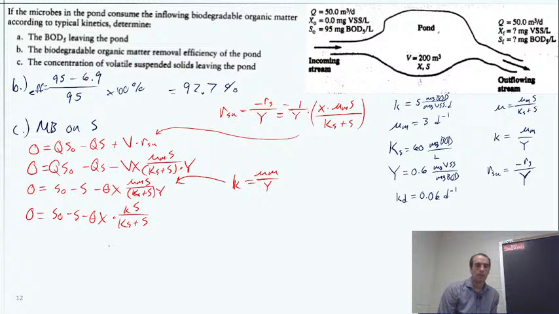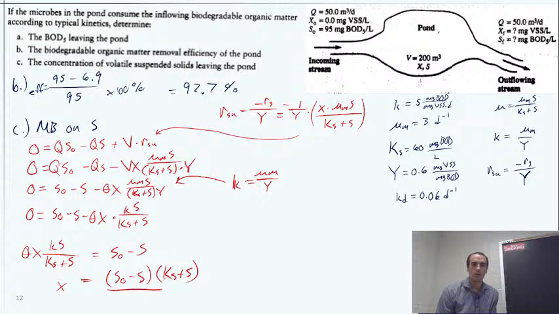I'm going to go ahead and add this entire piece to the left side, so it'll be theta X K times S, that's a lowercase k times S, divided by this uppercase KS, the half velocity constant, plus S, equals S naught minus S. So when we solve for X, at the end of the day, it becomes S naught minus S times KS plus S, all that divided by theta XK.